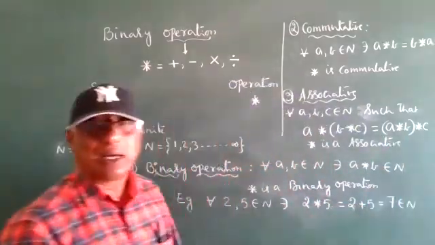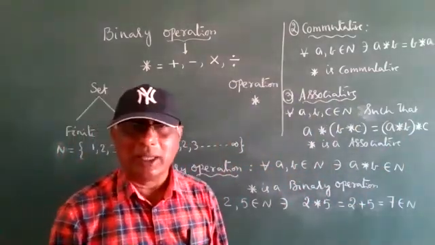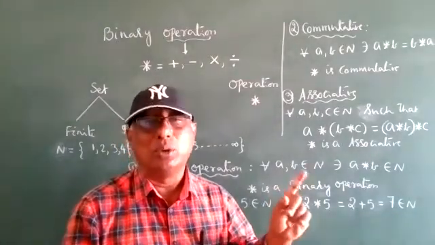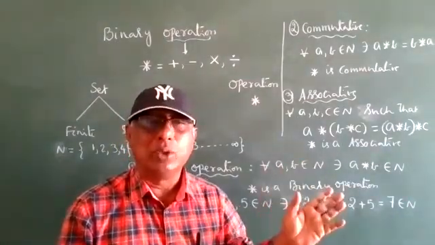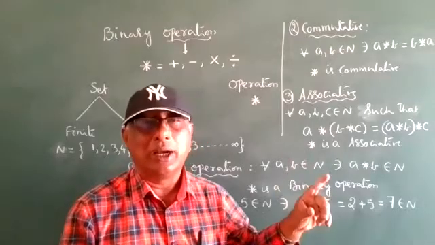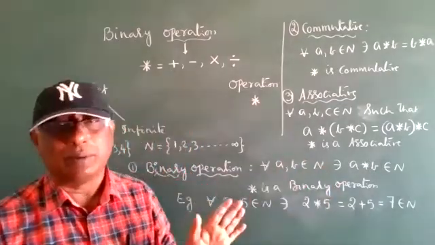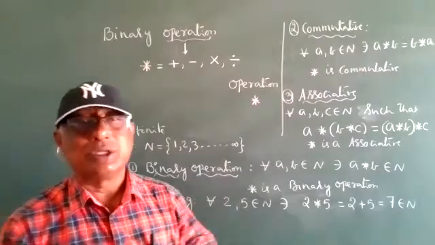That means for the locking system with three numbers, we can take 1, 2, 3, 4, and we can use 1 and 2, 3, or 2, 3 and 1, no problem. That is called associative.